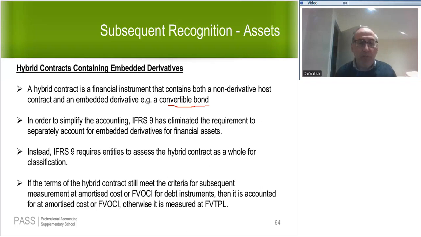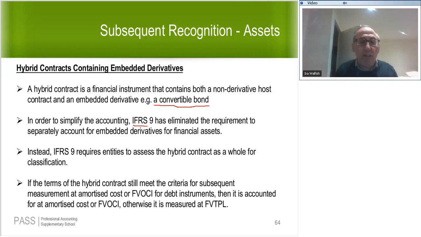Basically, in plain, simple English, IFRS 9 says you don't need to break down the instrument. You would just account for the whole instrument as one. So you wouldn't have to break down a convertible bond if you buy it. You have to break it down if you issue it. If you're the issuer of the bond, yes, you have to break it down between debt and equity, but not if you're the purchaser, not if it's an asset.